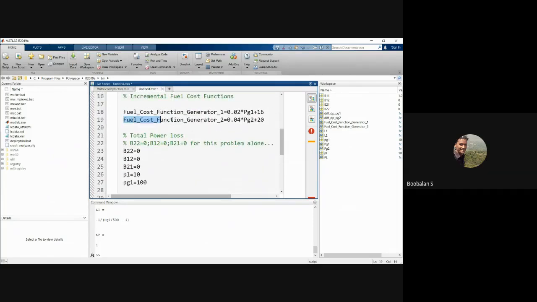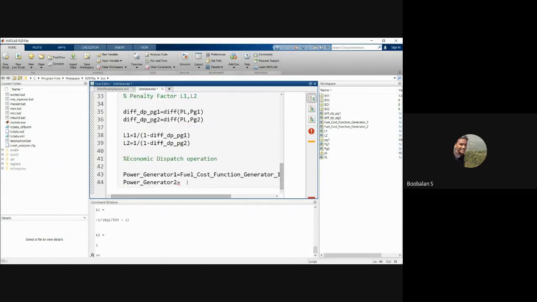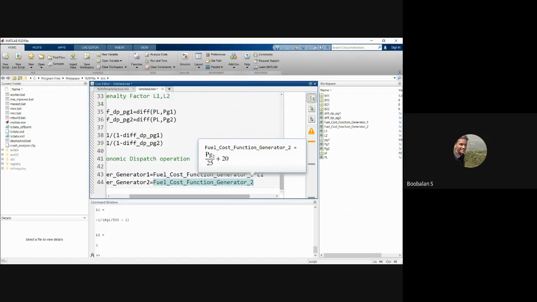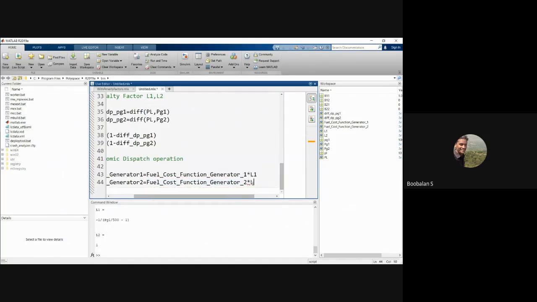I'm just going to copy it, and it should be multiplied with L2. But this is now double equal to lambda, and lambda value is now 25. The same way, this is also double equal to lambda 25.